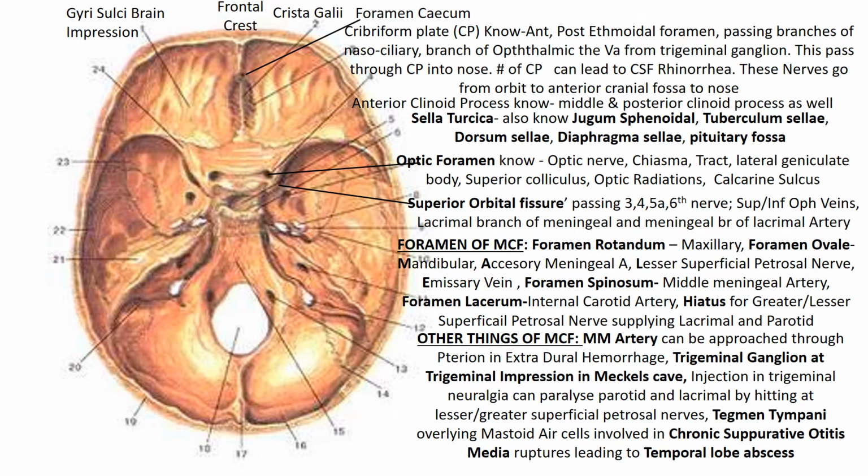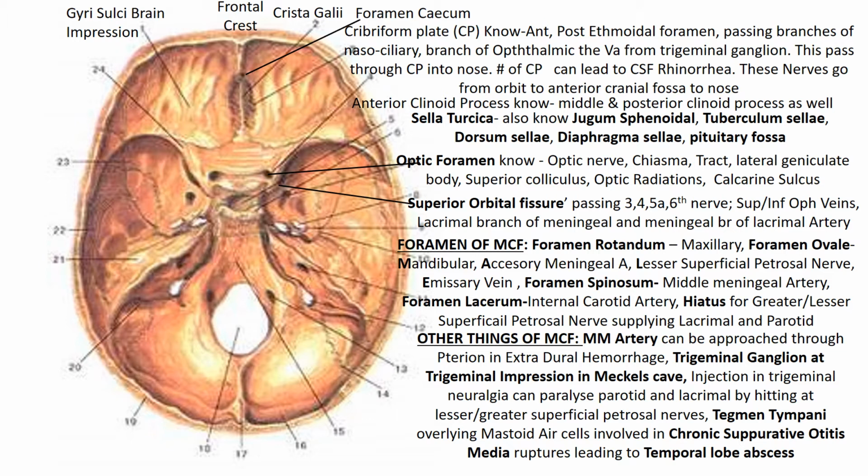The gyri and sulci of the brain impression, the frontal crest, the foramen cecum, the crista galli, the cribriform plate. Between the cribriform plate and the orbital plate of the frontal, you have the anterior and posterior ethmoidal foramen.